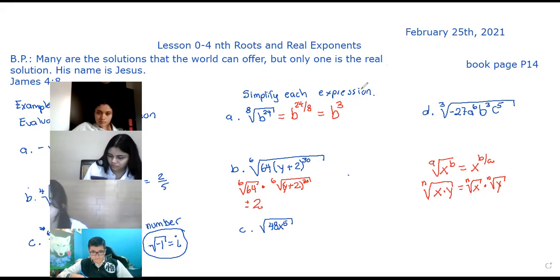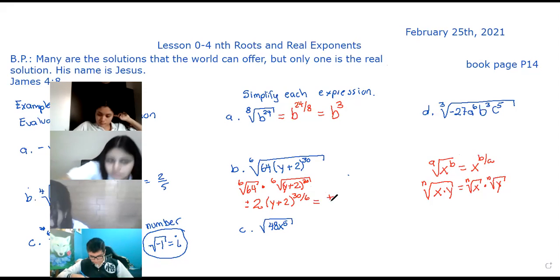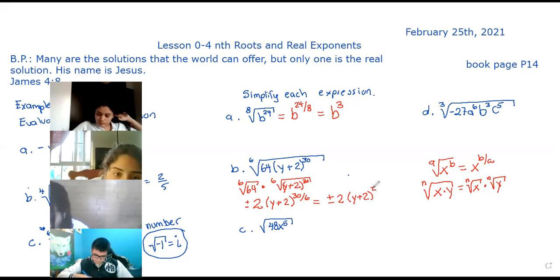Okay, now I am going to use this property in here. (y plus 2) to the 30 divided by 6. How much is 30 divided by 6? 5. (y plus 2) to the power of 5. And I'm done.